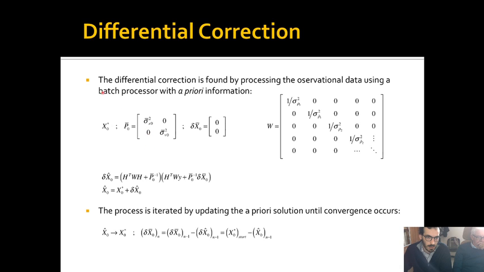In this case, just ignore the part about a priori information. We will do it in a later lesson. In this case, we will not use a priori information. So, as you know, the solution for the state deviation equals (H transpose W H) to the minus 1 times H transpose W y. So this is all we have to do.